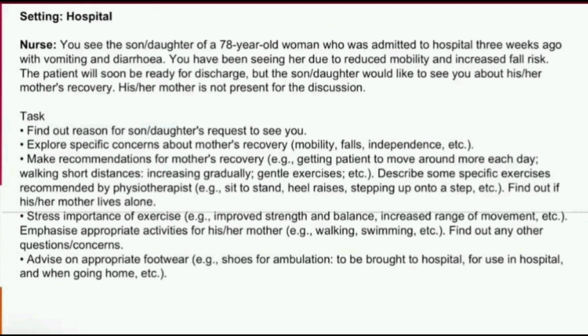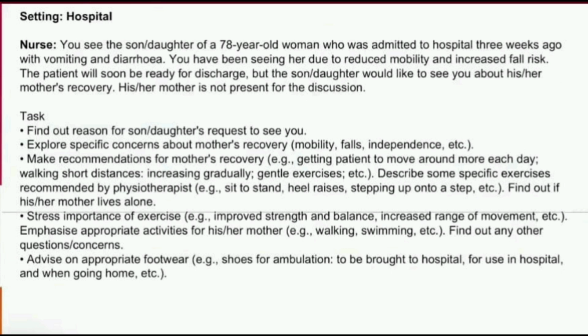So next is the second task. The second task says, explore specific concern about the mother's recovery, for example mobility, falls or independence, etc. For this, we can firstly acknowledge the bystander. That means we give some initial reassurance, which is very important.